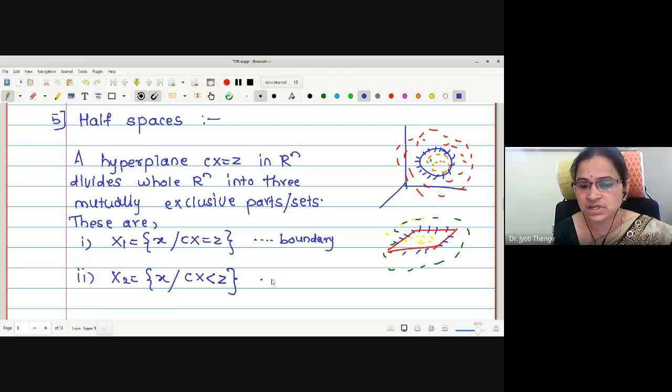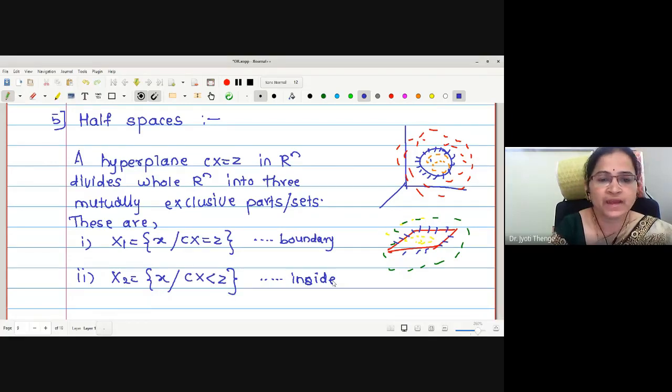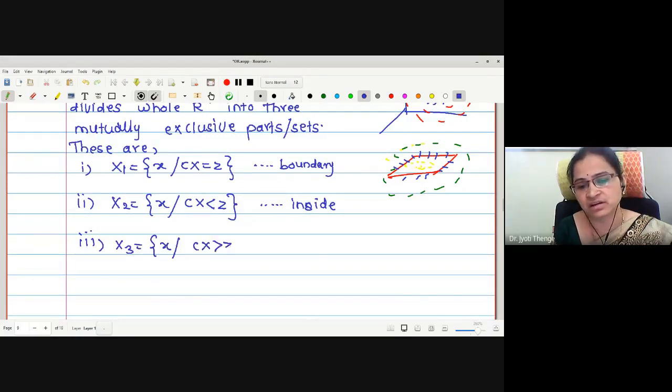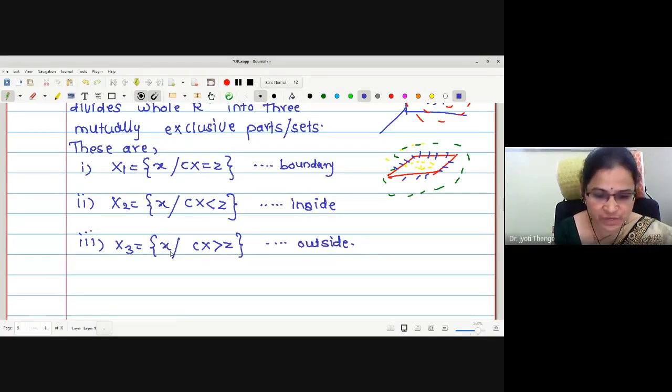This means these are the inner points, inside. The third set X3 is the collection of all x such that Cx is greater than z, therefore these are the points on the outside part. Therefore these are the half spaces.